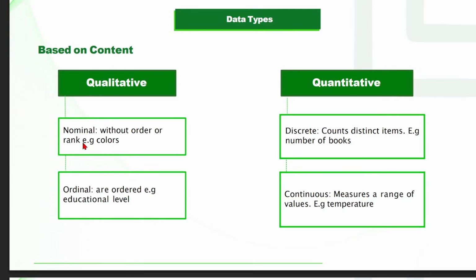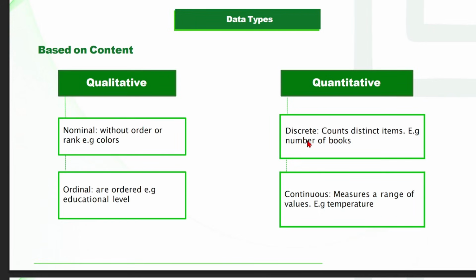Then nominal data are those without order or rank, like the color of your eyes, the color of your hair. All those things are just nominal data. And we have quantitative data, and there are two types: discrete and continuous.